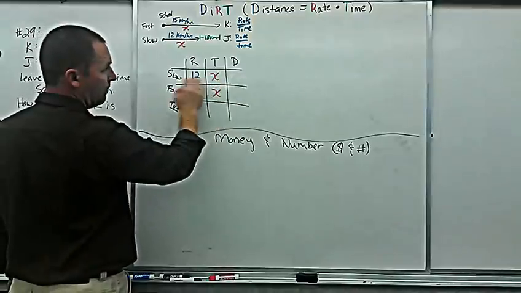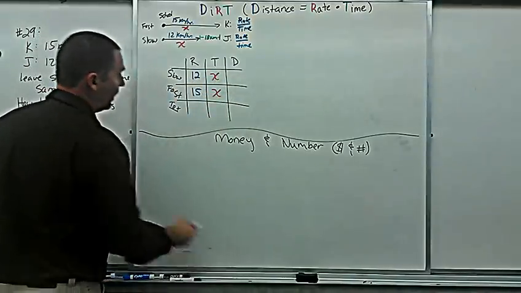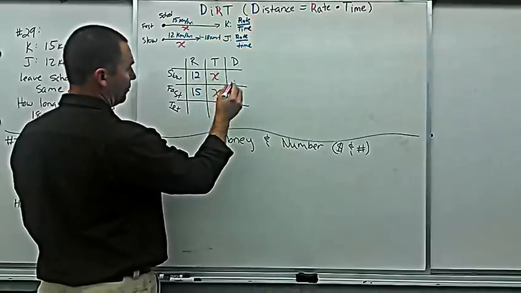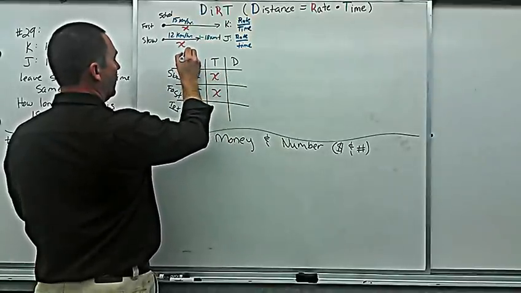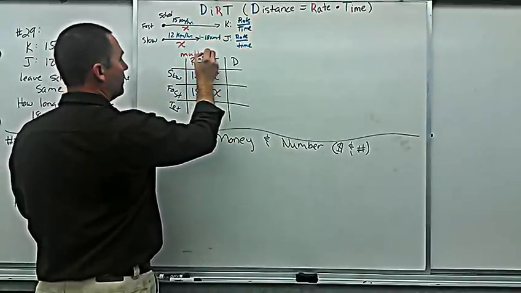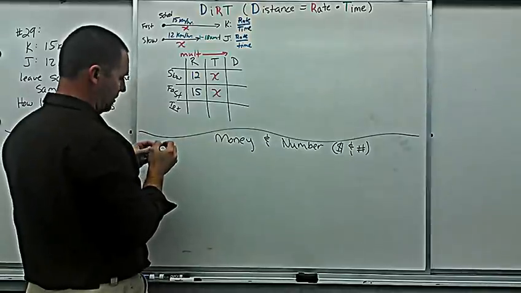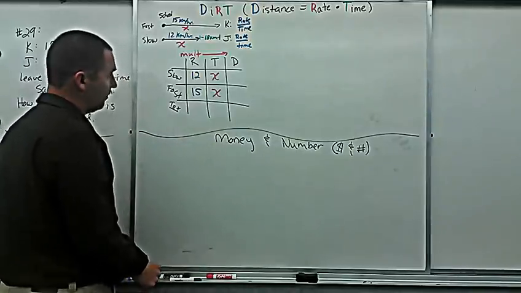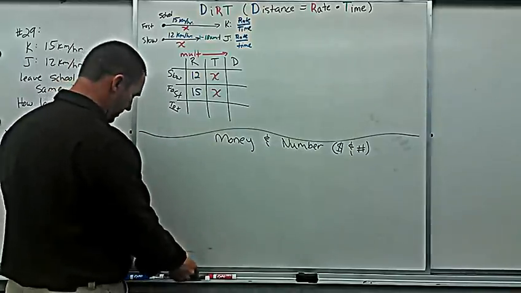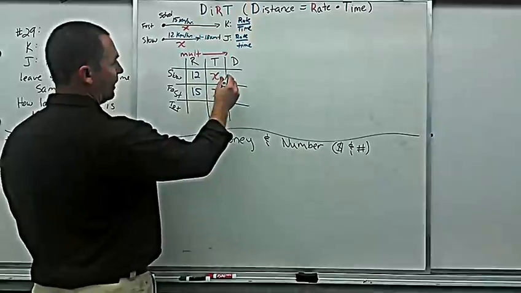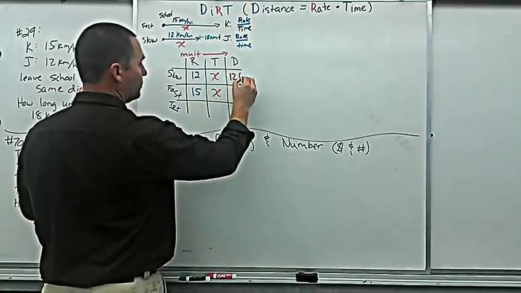To figure out what my slow distance is, I multiply going across. And you always multiply across. So to fill in that column, it's going to be 12 times x, which is 12x.